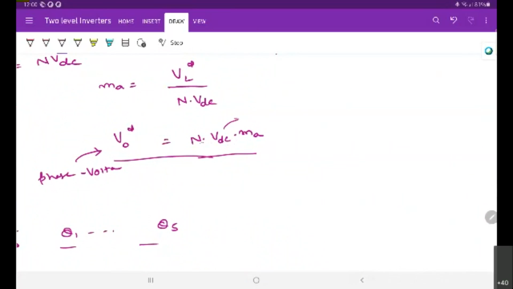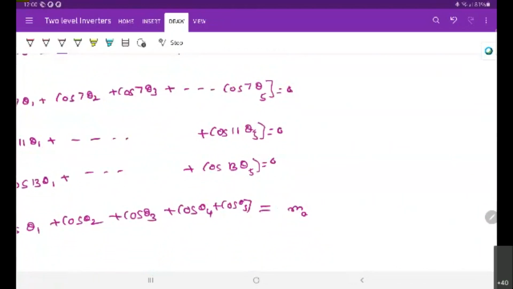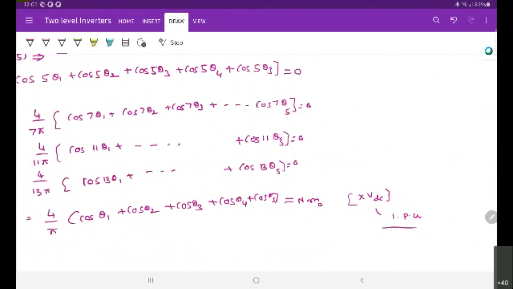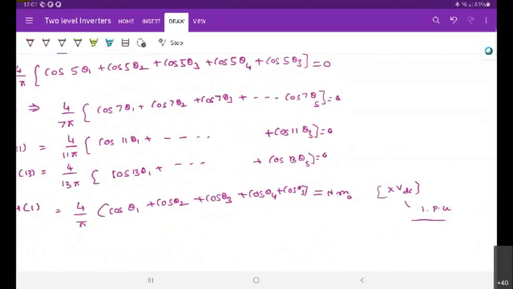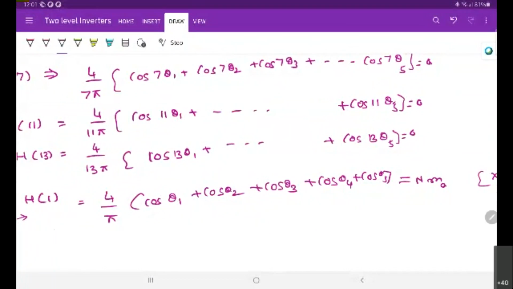VDC we already assumed to be 1 per unit, so obviously the VDC will be there, but we take it as 1 per unit. Therefore this is equal to n times MA. Clear? This is the output voltage of the fundamental, the desired output voltage.